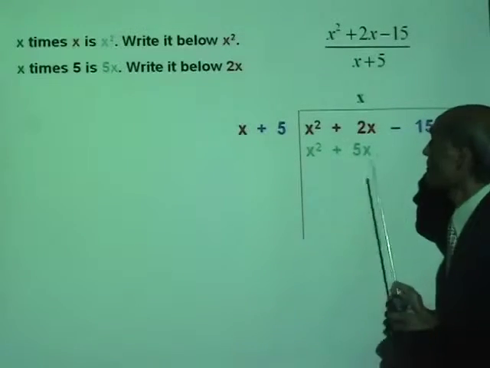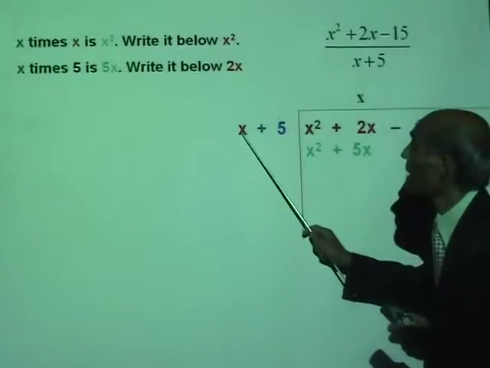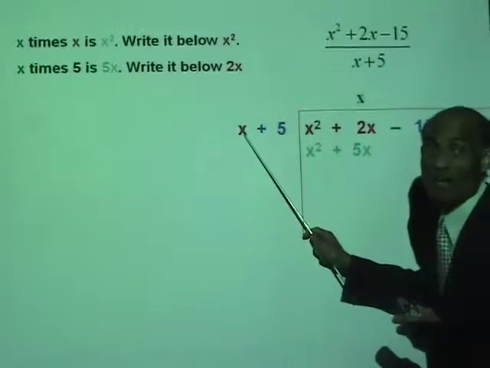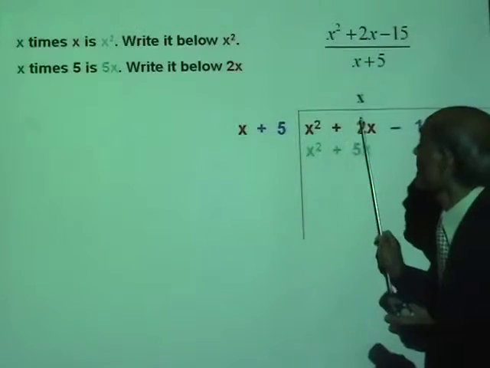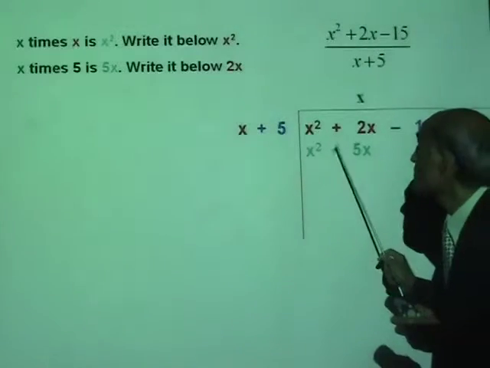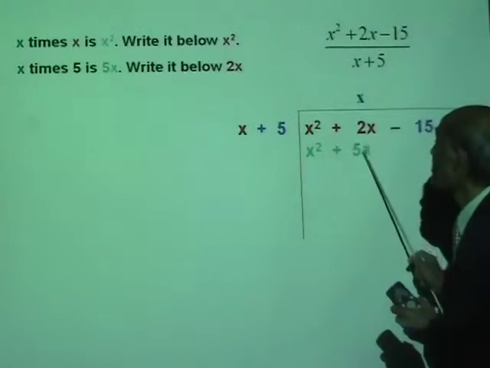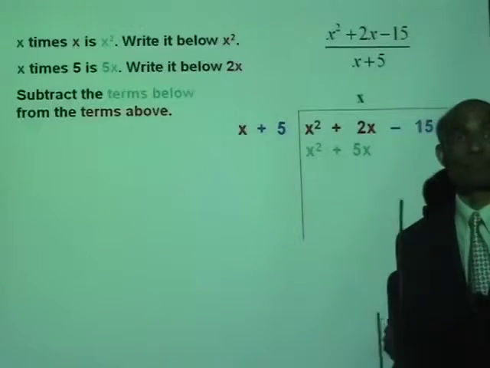So plus 5x. Once again, x multiplied by x is x squared. Write it below x squared. Now, x multiplied by plus 5 is plus 5x. Write it below 2x.